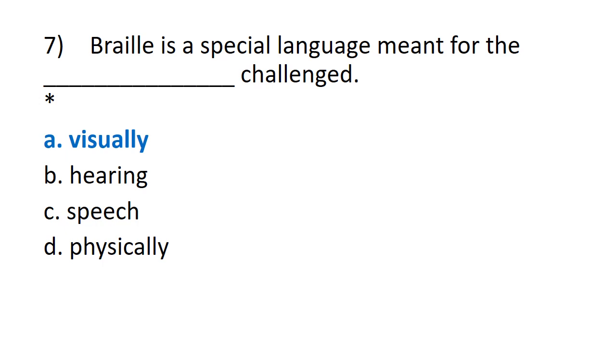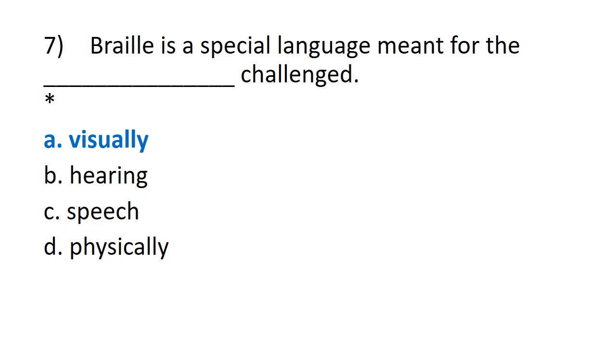And Braille is a system of touch reading and writing for blind persons in which raised dots represent the letters of the alphabet. So it is a special language meant for visually challenged people. So the right answer to this question is the option A, visually.